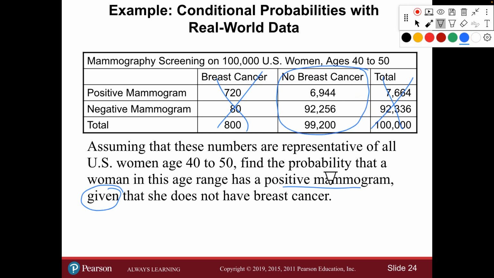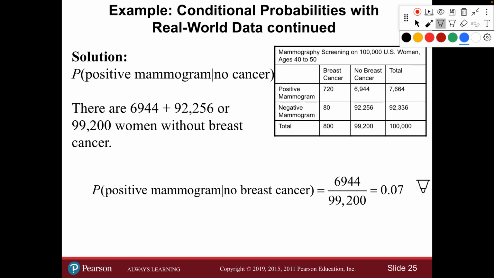Now, probability that a woman in this age range has a positive mammogram, that's this one here, again, these two are gone out of the total. So it's going to be 6944 divided by 99200. Okay, that's our probability. And that's what they've done, right? They took this one and this one.